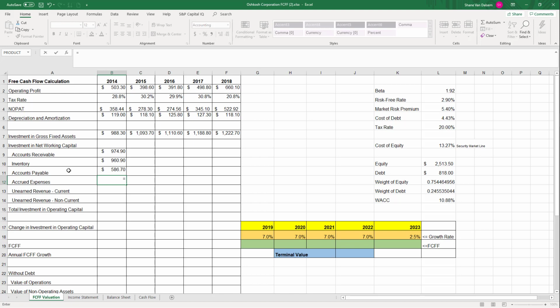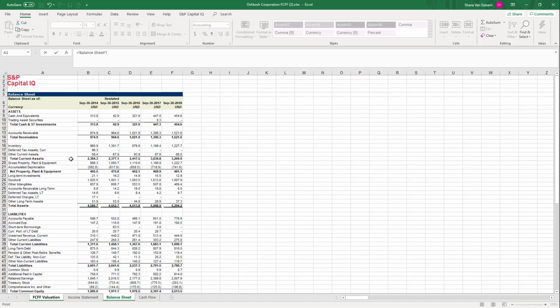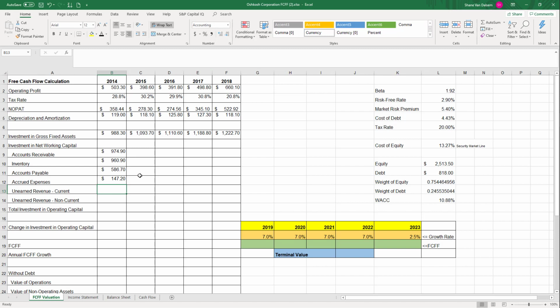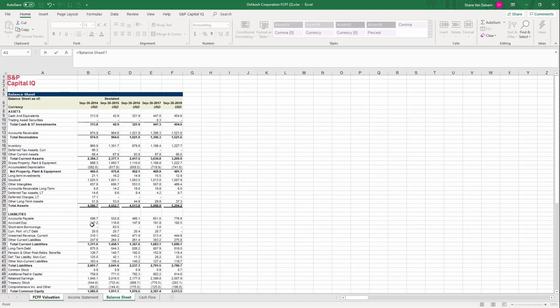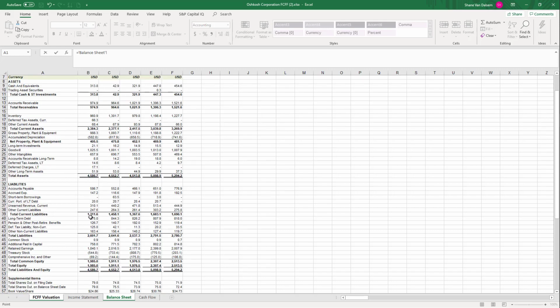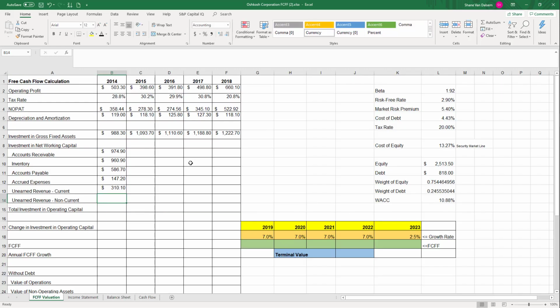Accrued expenses. And remember, we don't put any interest-bearing debts on here because those are the result of financing decisions and not the result of operations for the firm. Unearned revenue current.